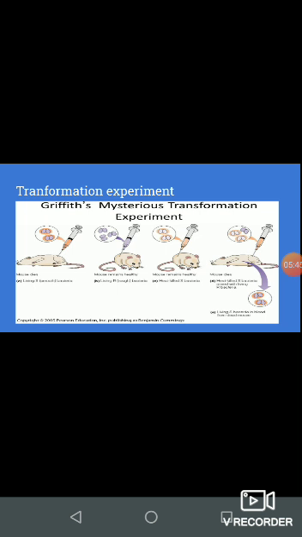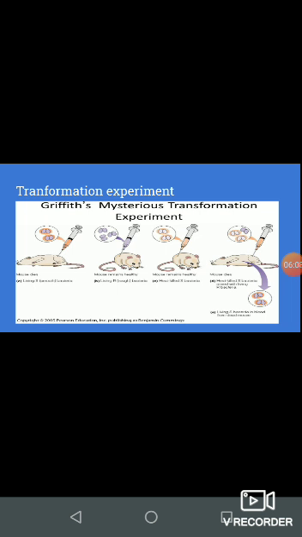In the fourth attempt, he injected a mixed version of substances: R bacterial cells and heat killed S cells. In the second and third mice, generally they are alive.